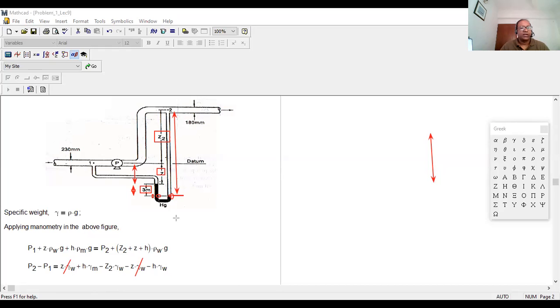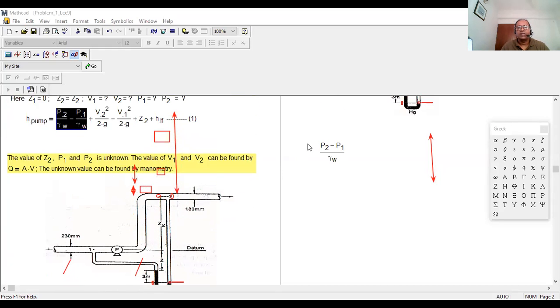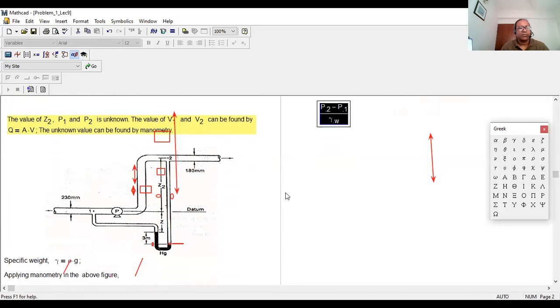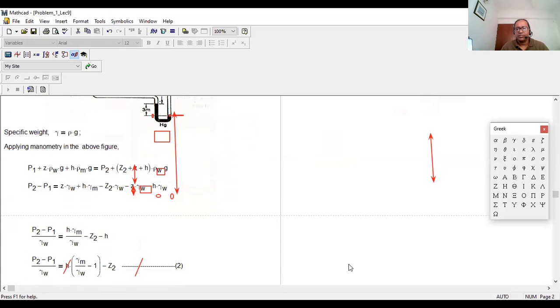Now we need to figure out this value. P2 minus P1 divided by gamma W. So you just simplify this equation. If you simplify this equation, these 2 terms will be out.